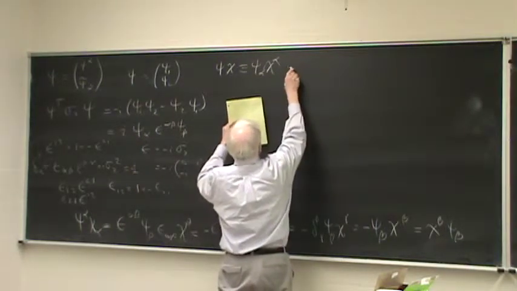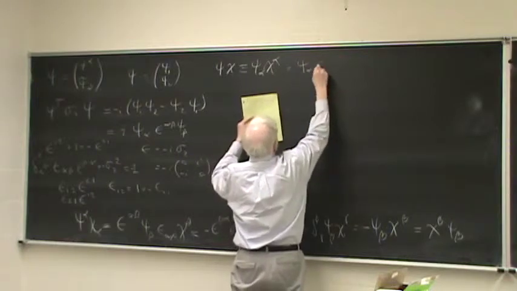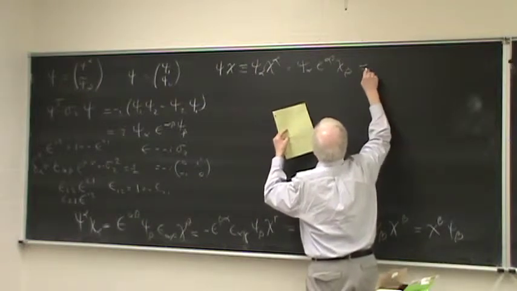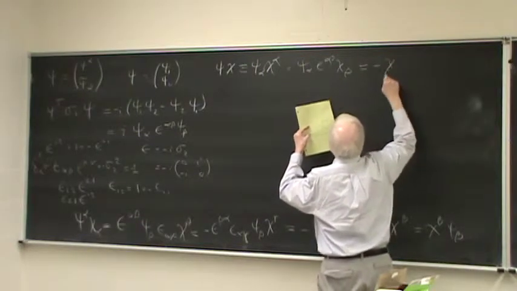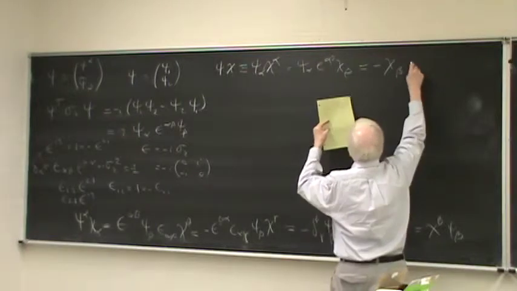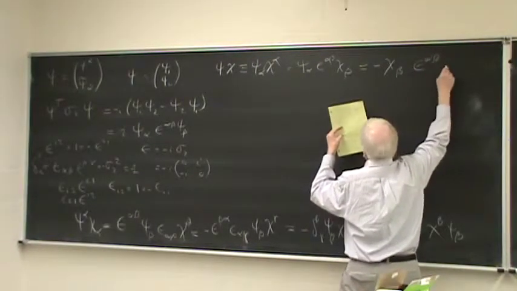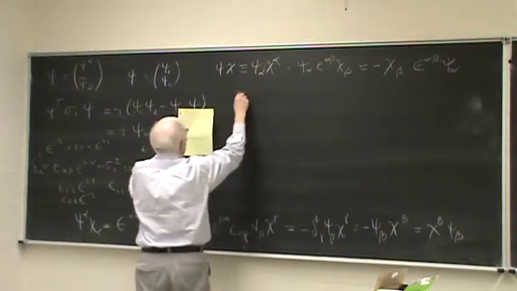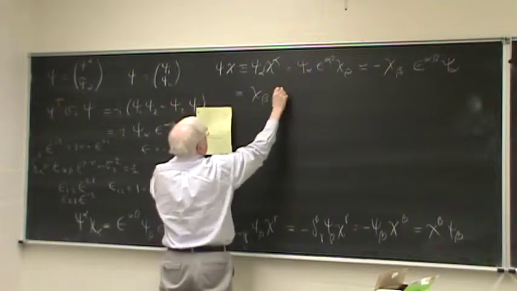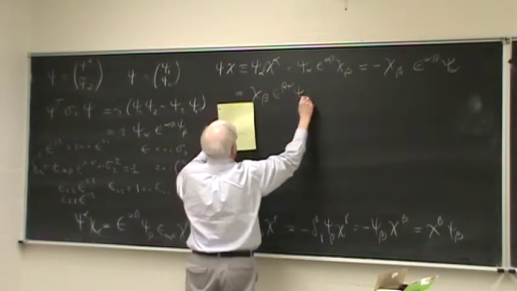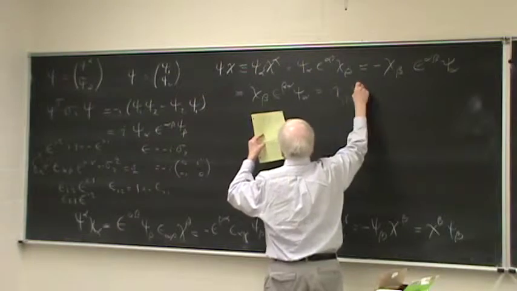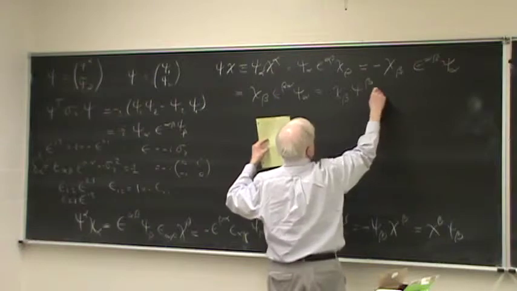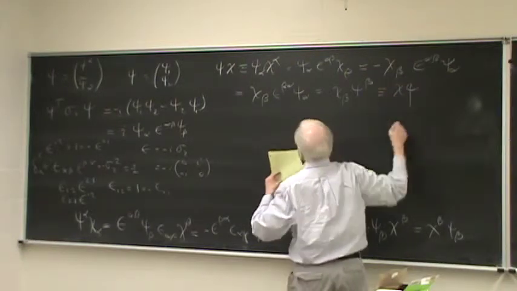Anyway, this is then psi alpha epsilon alpha beta chi beta, and since the spinors anti-commute, it's minus chi beta epsilon alpha beta psi alpha, and that is chi beta epsilon beta alpha psi alpha, and so this is chi beta psi beta, and this is by definition chi psi.